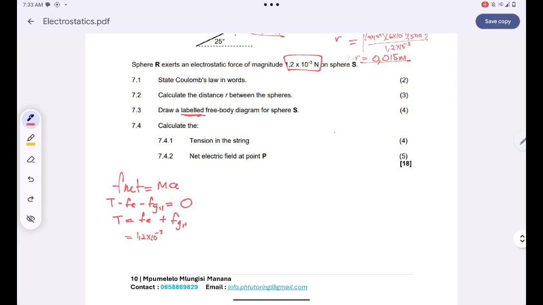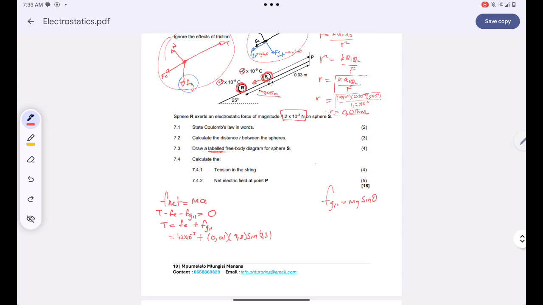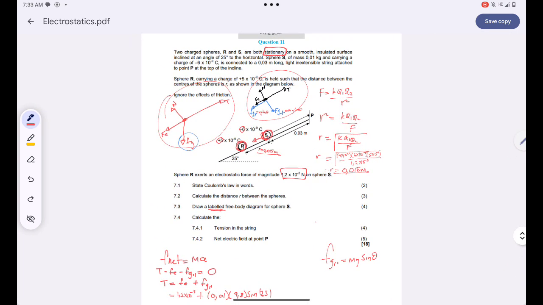It was given to us over there. But now all we have to do is find Fg parallel. Remember, guys, Fg parallel is forever mg sine theta. The mass is just 0.01 kilograms, 9.8 is our gravitational acceleration, and then I have sine of 25 degrees. Let me confirm. Yes, the angle is 25, and yes, the mass is 0.01.